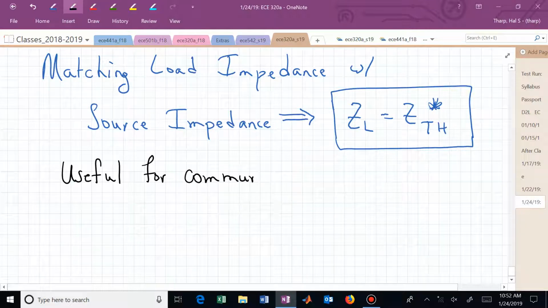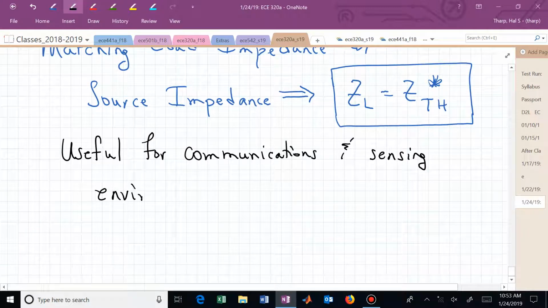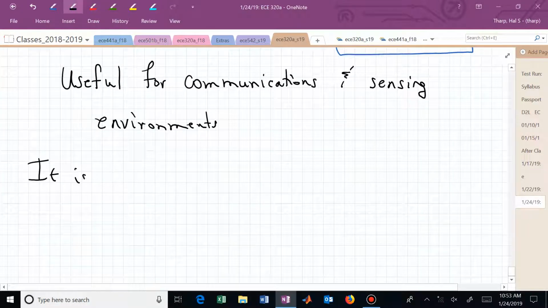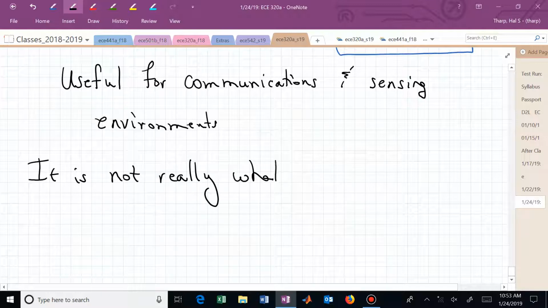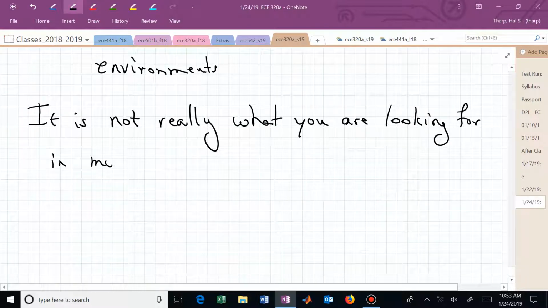Then we want to match our loads with these conjugates, so useful for communications and sensing environments. As I said, it is not really what we want to do in a large power setting. It is not really what you are looking for in moving large blocks of power.